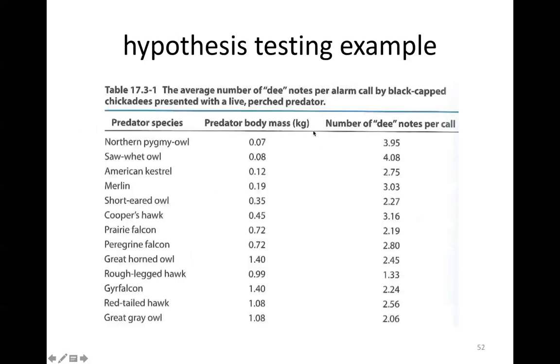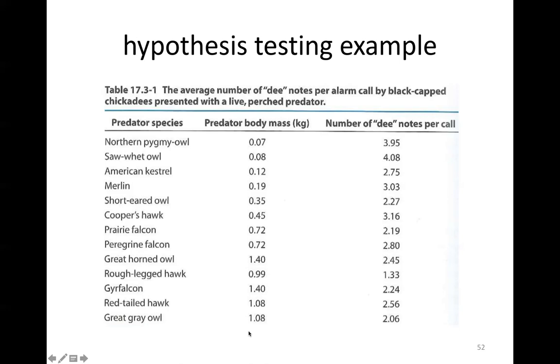Okay, so we continue with another example from the book. This is a study where they were checking what kind of warning sounds a certain bird produces when it observes different types of predator, to warn its conspecifics against the danger.